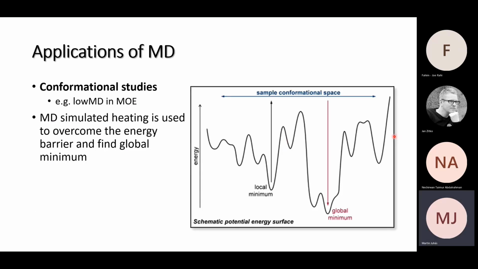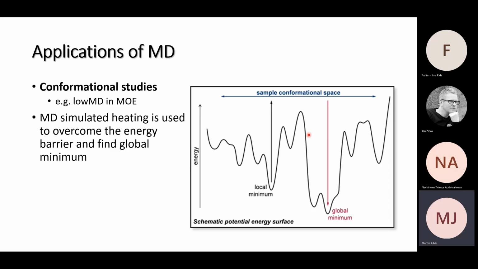So the application of MD, as I said at the beginning, you have a lot of research areas where you can use it. For example, in MOE we have the LowMode MD protocol that is used for conformational analysis, and it is very simple actually. You just take a molecule, then you heat it up, and while heating it you increase the energy that the molecule has, so it can achieve some minima, some maxima.